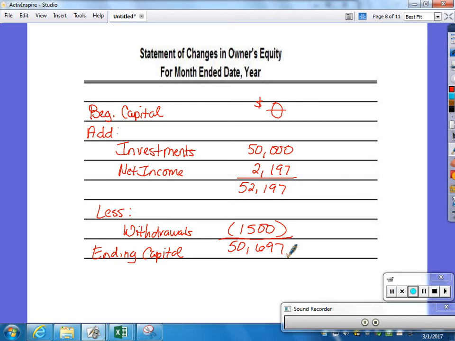Okay, you guys have this? All right, so now the balance sheet is the next statement.